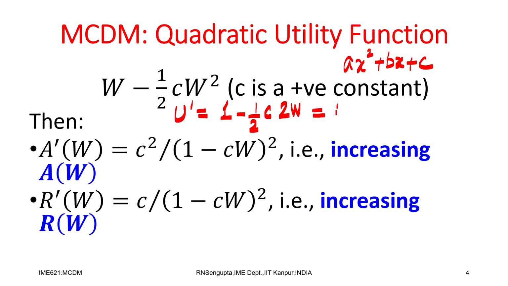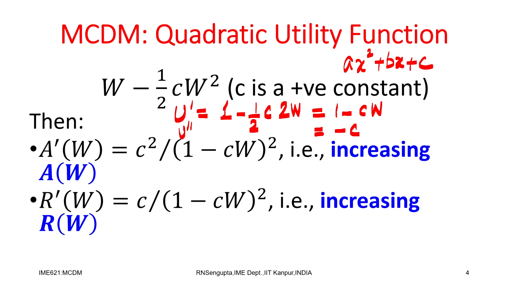So, this is 1 minus c w, and if we consider u double prime, it comes out to be minus c.